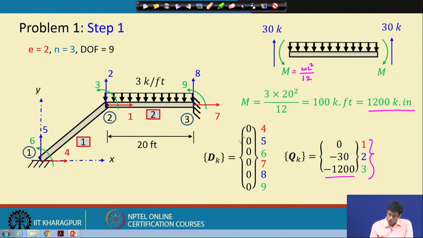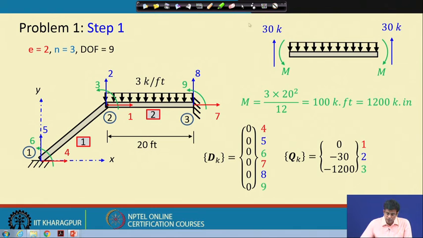Now here 4, 5, 6 and 7, 8, 9 are my known kinematic degrees of freedom, and my unknown kinematic degrees of freedom or unknown displacement vectors are 1, 2, 3, and the corresponding force vector is 0, minus 30 and minus 1200. This probably has been explained to you in the beam also.